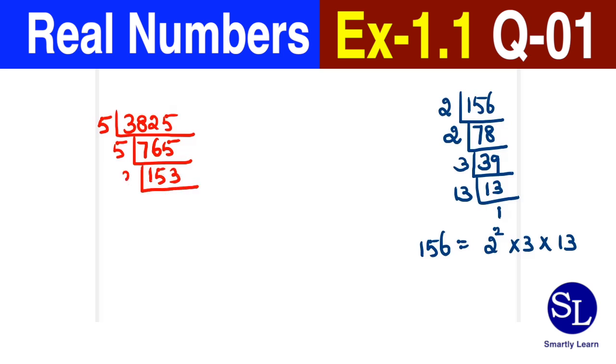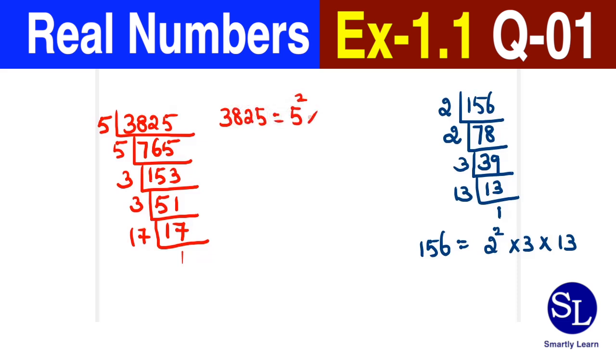So try 3 again. This fetches a 51. 51 is again divisible by 3. It gives you 17. Now 17 is a prime number. So divide by 17 again to get 1. So 3825 can be written as 5 squared into 3 squared into 17.